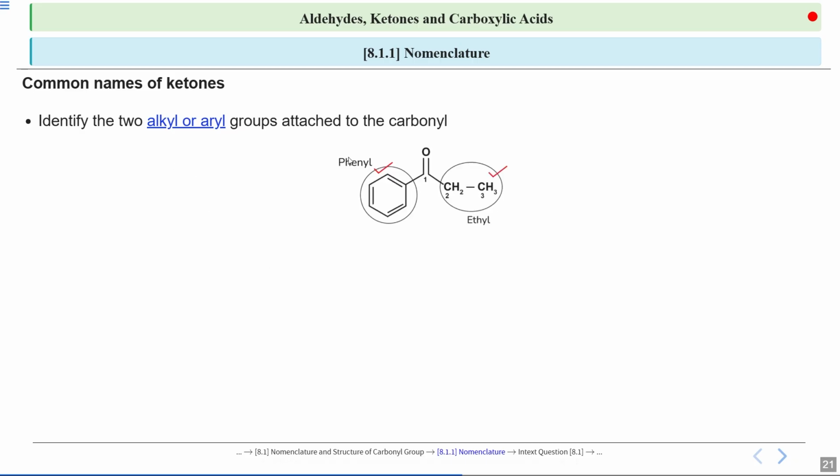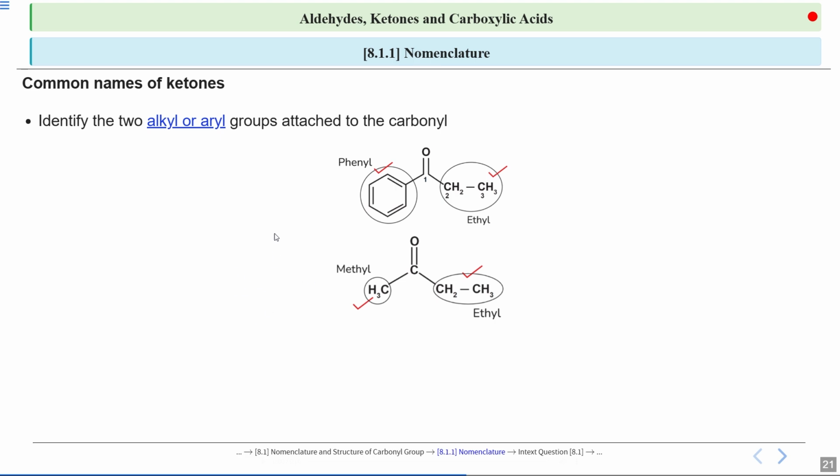So if you see over here, this is a carbonyl group which is C double bond O. Over here, it is a phenyl group which is an aryl group. And over here is an ethyl which is an alkyl group. So first you have to identify the alkyl or aryl groups which are attached to the carbonyl. Similarly, see over here, this is C double bond O. On one side you have a methyl and on other side you have an ethyl. So both sides you have an alkyl group.